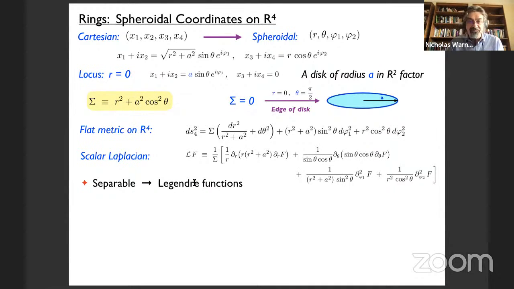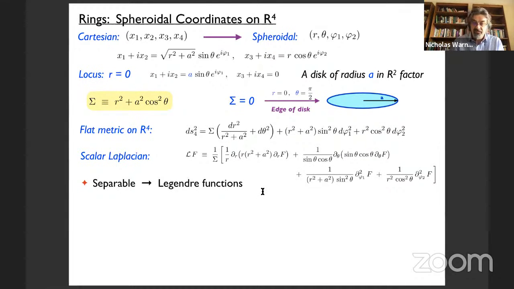So basically, the amazing thing about these spheroidal coordinates that makes them so useful is that it is totally separable. Here's a function of r, a function of theta, functions of angles, and then this sigma, which looks like it's going to destroy you, doesn't. If you turn it into an eigenvalue problem, it basically separates nicely into a function of r and a function of theta. And then you look at what it is, it's just Legendre functions, albeit slightly more complicated Legendre functions.